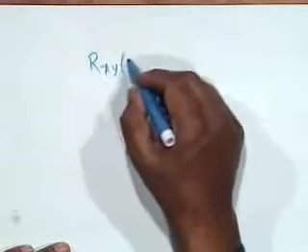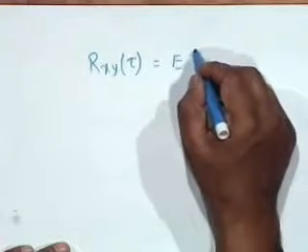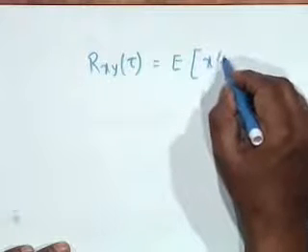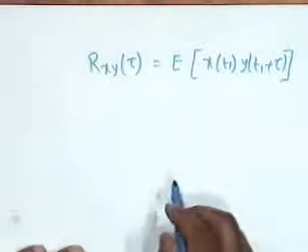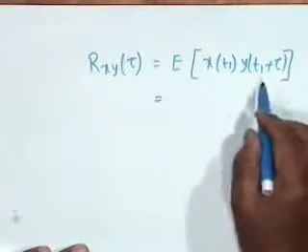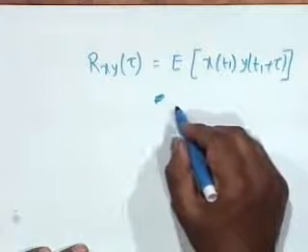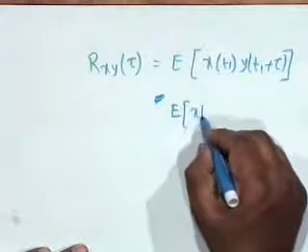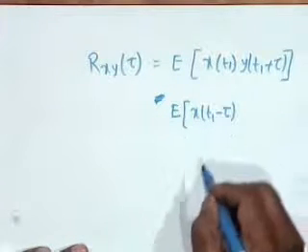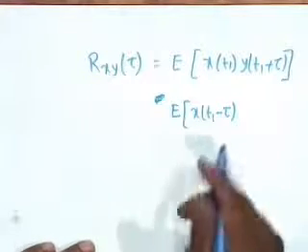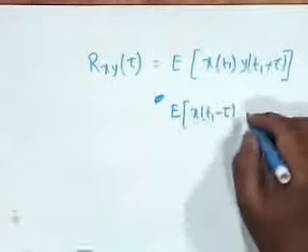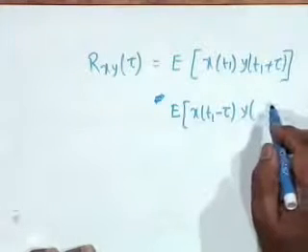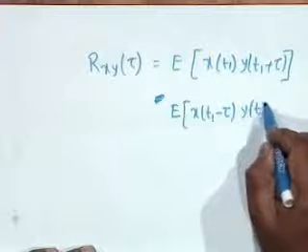A remarkable property is that Rxy tau is the expected value of x(t1) y(t1 plus tau). Now suppose I take the expected value of x(t1 minus tau). I change the time reference so that t1 now becomes t1 minus tau. Then the argument of y shall be simply t1.